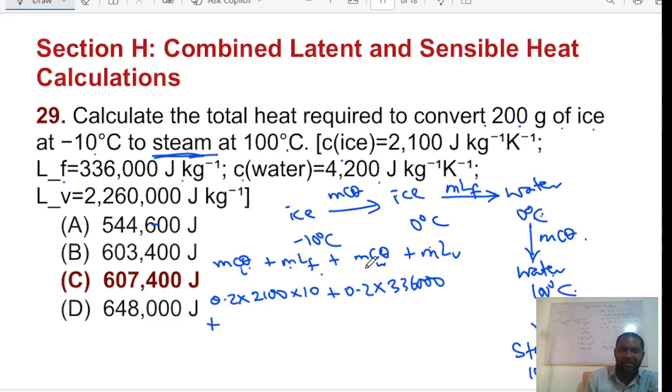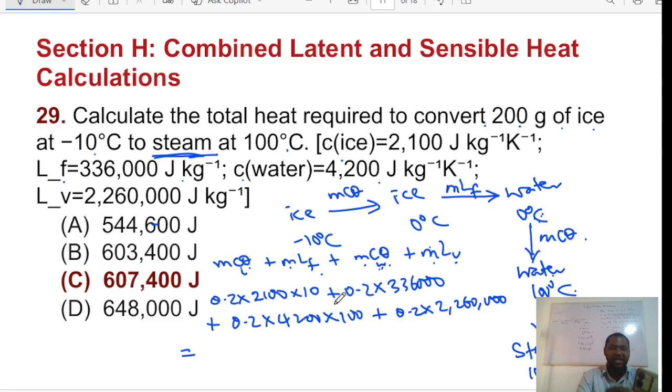Now plus the mass, 0.2, times the specific heat capacity of water, 4200, times the temperature change of water. Water changed from 0 to 100, so the temperature change is 100. Then plus the mass again, 0.2, times the latent heat of vaporization, which is 2,260,000.